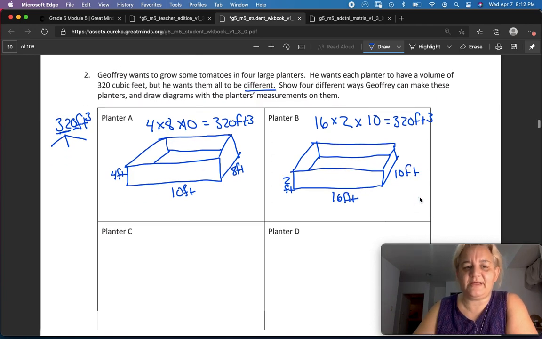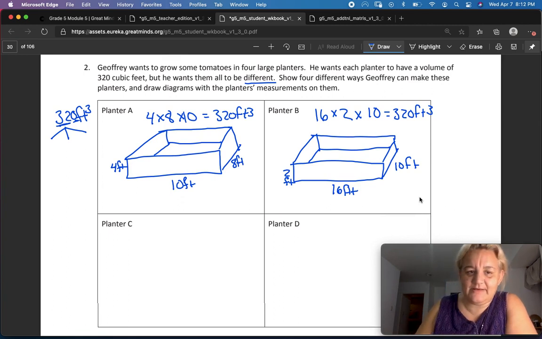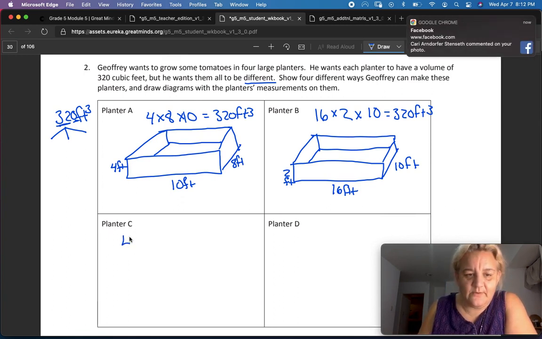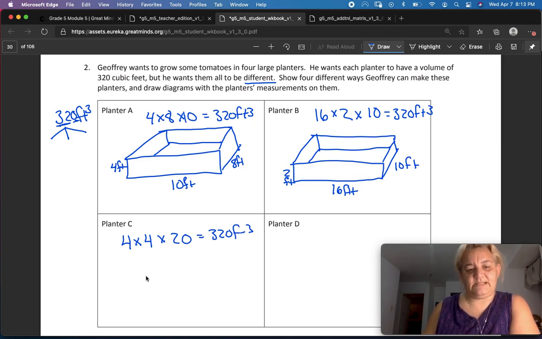Okay, how else can we break that apart? Let's see. How about 4 times 4, which would be 16, times 20. 16 times 2 is 32, with a 0 on the end, 20. So 320 feet cubed. Okay, let's try that one.